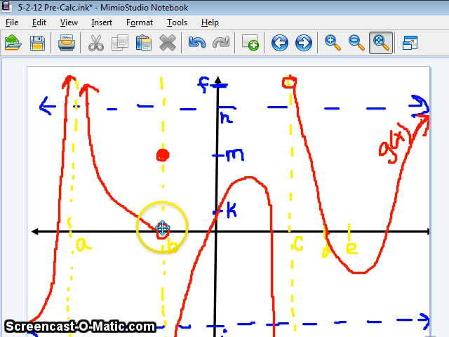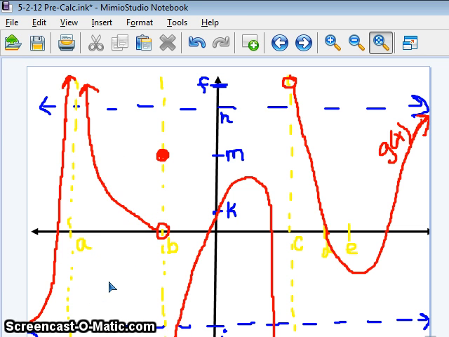To 0. We're coming down to 0. So our correct answer for the limit of g of x as x approaches b from the negative side is 0. The correct answer for number 7 is 0.